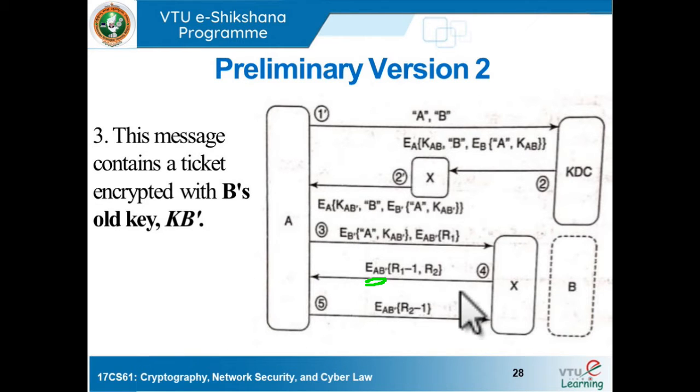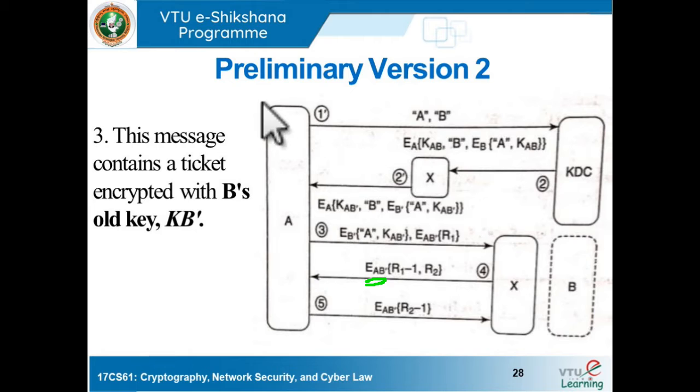Now this session key it will use in order to decrypt this second half of the message that it has received from A. Upon decrypting this second half of the message, B is able to retrieve the random nonce R1.